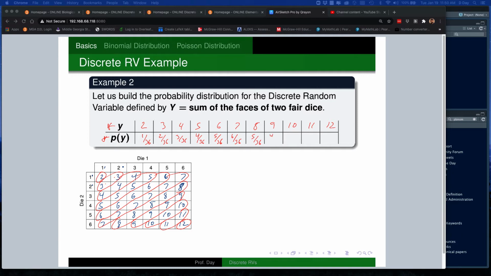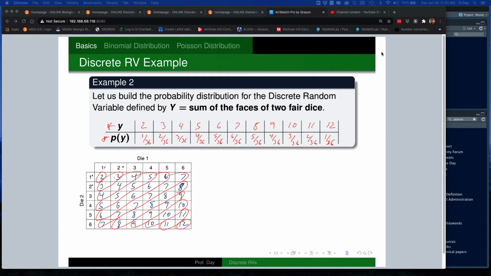There's 4 sums of 9, 3 sums of 10, 2 sums of 11, and finally 1 of 12. All right, so there are our probabilities. If we're building this table, that's what we would do. Let's play around with this in R real quick so we can see that we can get these values pretty quickly in R by building a couple of vectors and dealing with that.